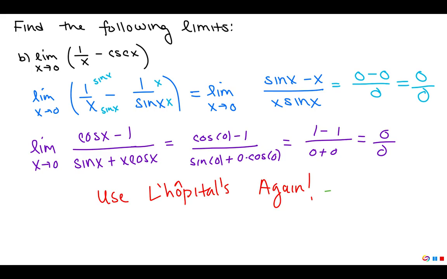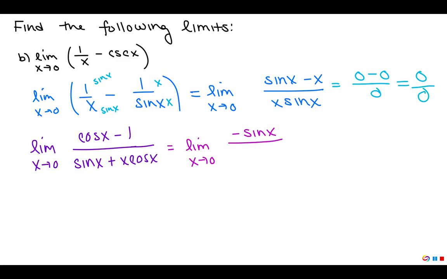So I'm going to take the derivative of the top. The top is now cosine x minus 1. And so the derivative of cosine x minus 1 is negative sine x. And then I'm going to take the derivative of the bottom. So let's see, derivative of sine x is cosine x. And then we've got this x cosine x.